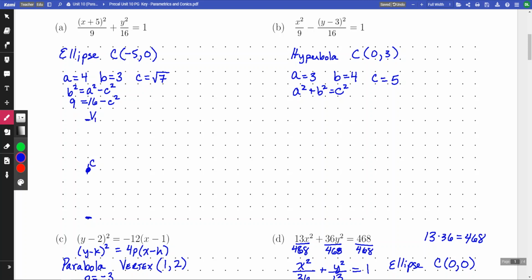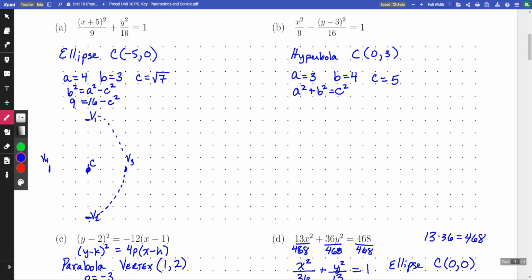So I'll say vertex 1, and I'll say vertex 2. I also have my semi-minor axis of 3, so I'm going to go 1, 2, 3 units to the right, and 3 units over here to the left. And I'll call this over here vertex 3, and this over here vertex 4.